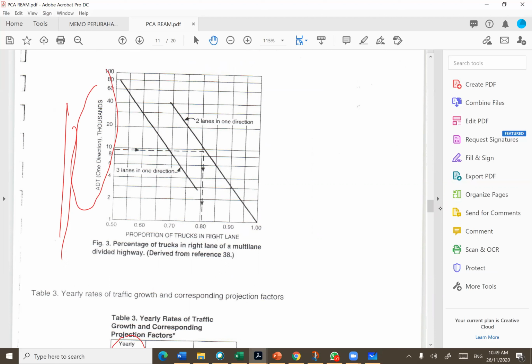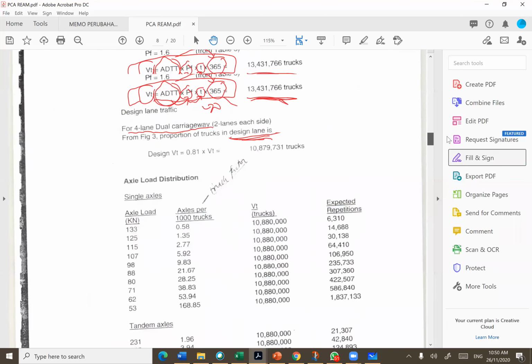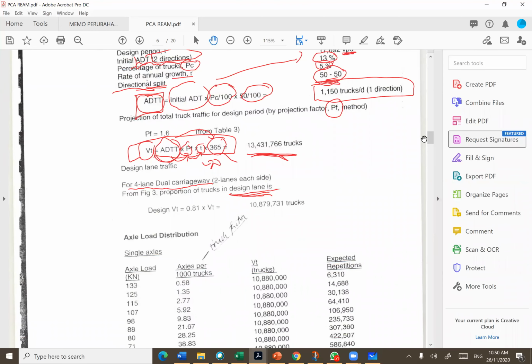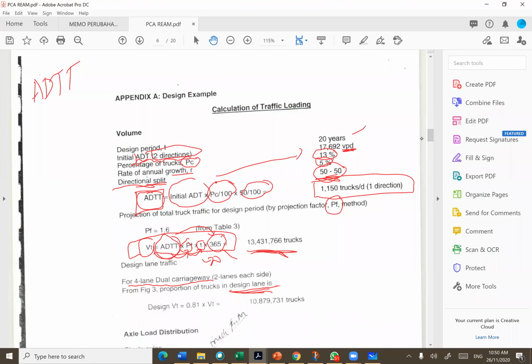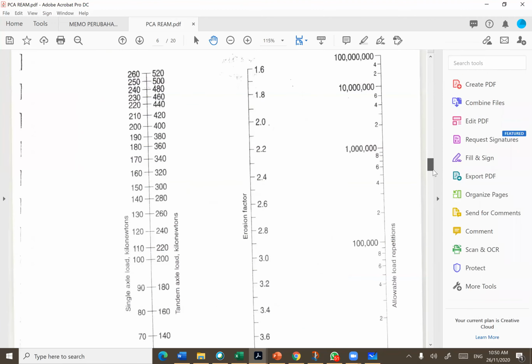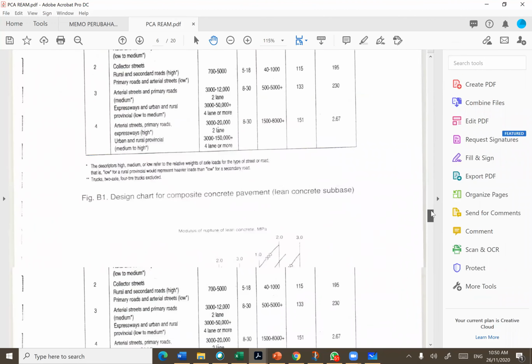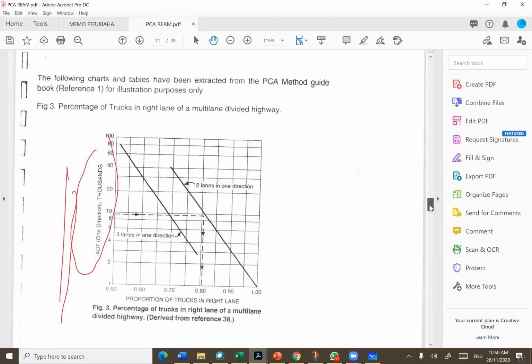You need to know what the ADT per direction will be. So what is our ADT? Roughly about 17,000. They are asking about the ADT, but this is the ADT for one direction.